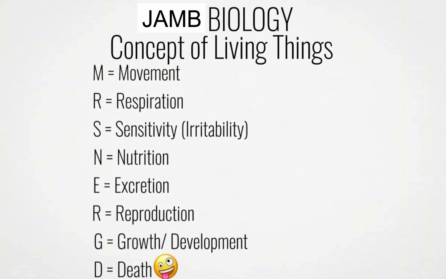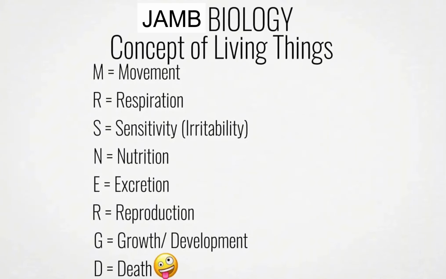So it's important you know all these, so you can just make use of this mnemonic, Mrs. Neg. Let's start by discussing each and every one of these one after the other.